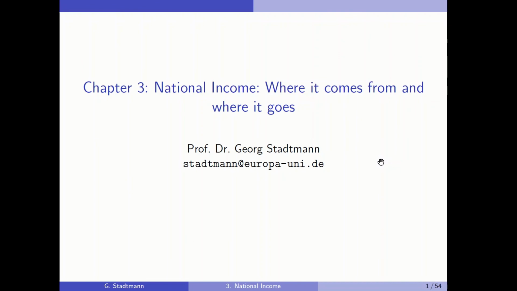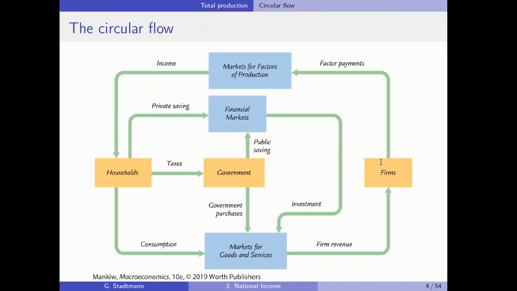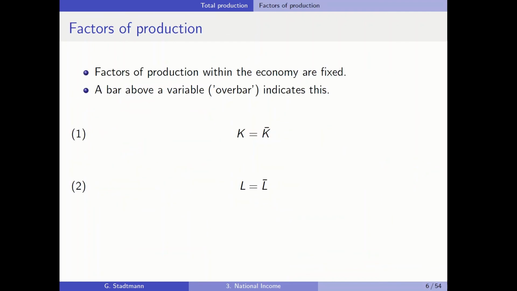I think that we learned a lot in this chapter 3. We had another look at the circular flow of the economy, and we came up with some assumptions with respect to the factors of production. The factors of production, capital and labor, are constant in the economy.